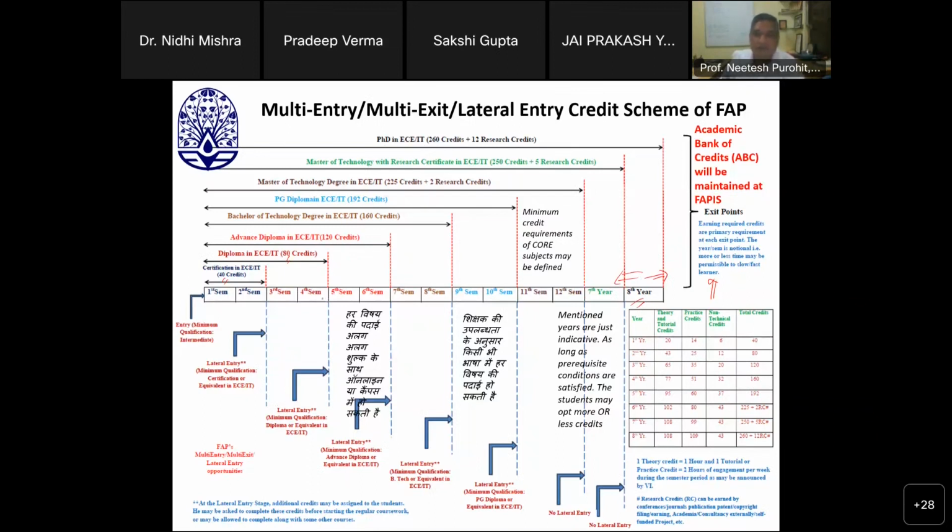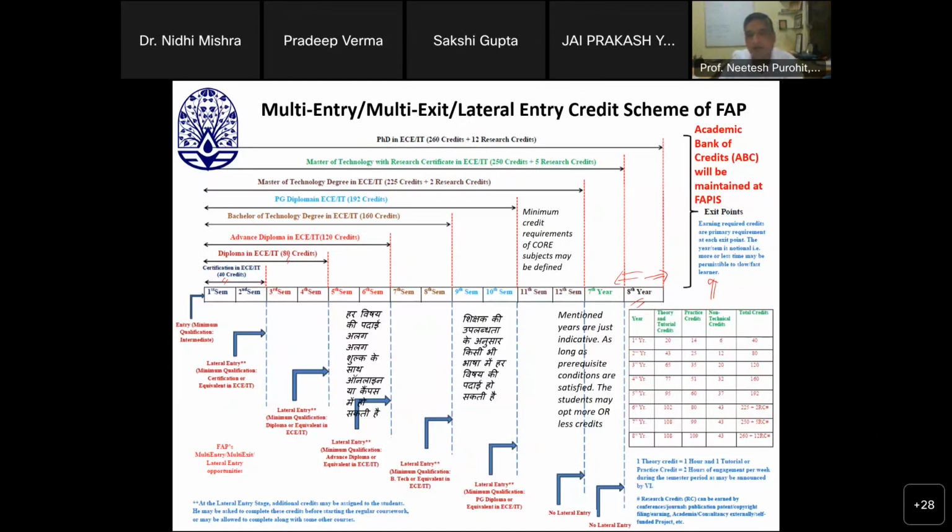And that's why flexible fee is something which is required to be introduced, the concept of flexible fee. Because if someone is registering for only 10 credits in a semester, we cannot charge the full semester fee from that particular student. And vice versa is also correct. If someone is opting for a higher number of credits, then he has to pay higher fees.